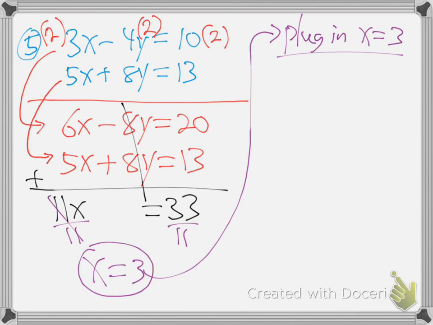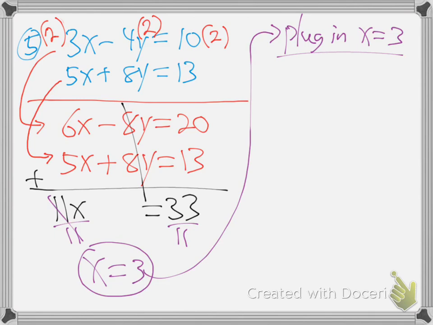Is that good? We're doing okay there. So when we plug in, where do we plug in? What's that? Yeah, really any of them. You can plug into any of those 4 equations. It'll work in all of them.